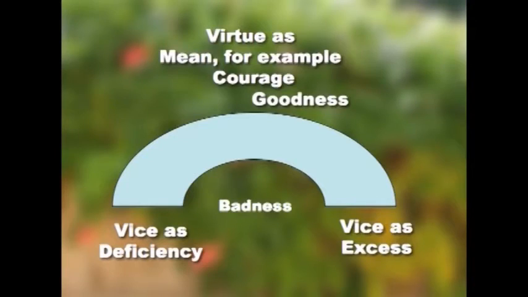Let's consider this model of virtue a little bit further through the following two charts. In this first chart, we see that vices are both on the left and the right side of the blue arc as deficiencies and excesses. If the emotion at issue again is fear, then the deficiency, utter fearlessness, amounts to recklessness.